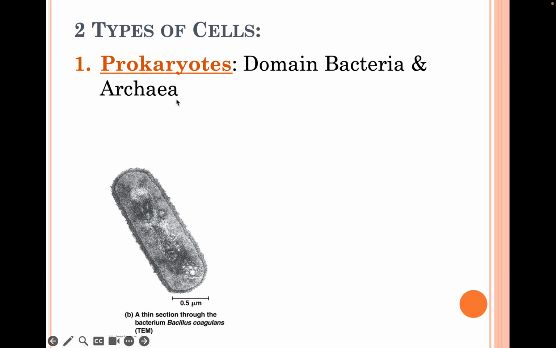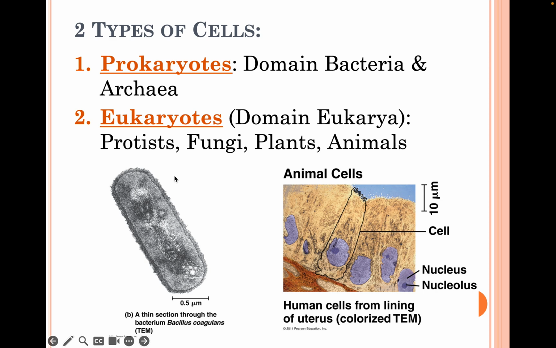And they do that because they have these archaeans that live in their guts that actually produce the methane. So the first type of cells are prokaryotic cells. The second type of cells are eukaryotes from domain eukarya, and that includes protists, fungi, plants, and animals.